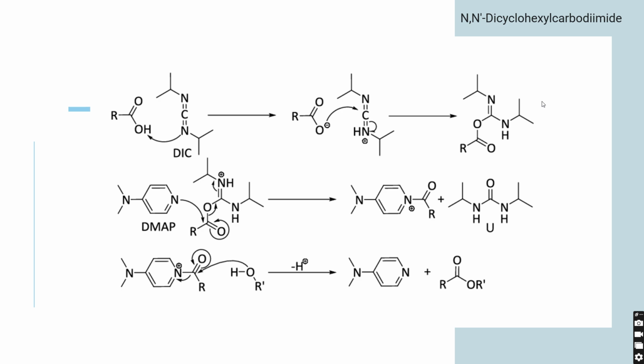This ester now undergoes reaction with DMAP because the ester has an electrophilic carbon center in this ester functionality. So DMAP will attack at this ester carbon, leading to this carbon-oxygen bond cleavage.